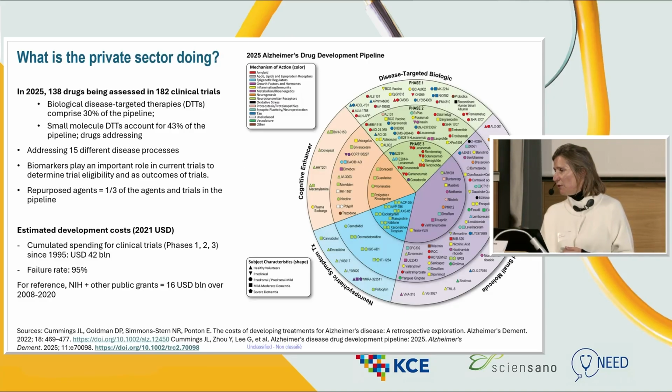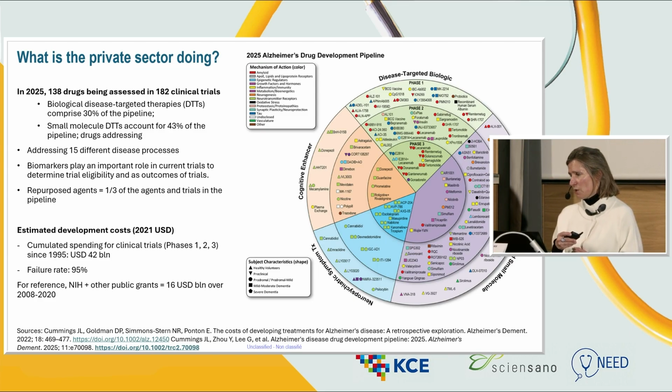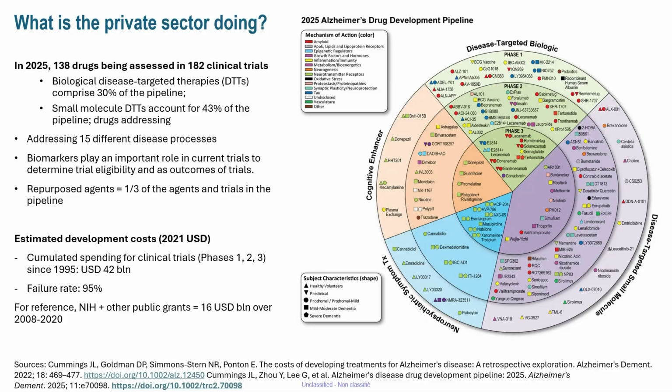They are addressing 15 different processes, so it's going in many directions. What I found interesting also is that repurposed agents are 1/3 of this research, and that biomarkers play an important role in current trials to determine the trial eligibility and also the outcomes of the treatments. So this is what is happening from the private side.